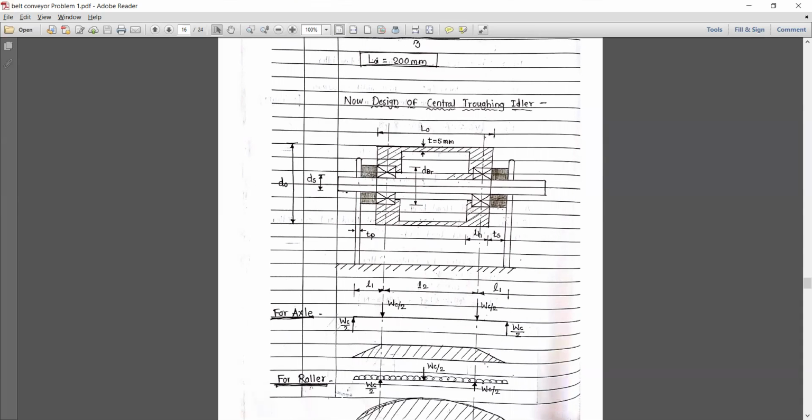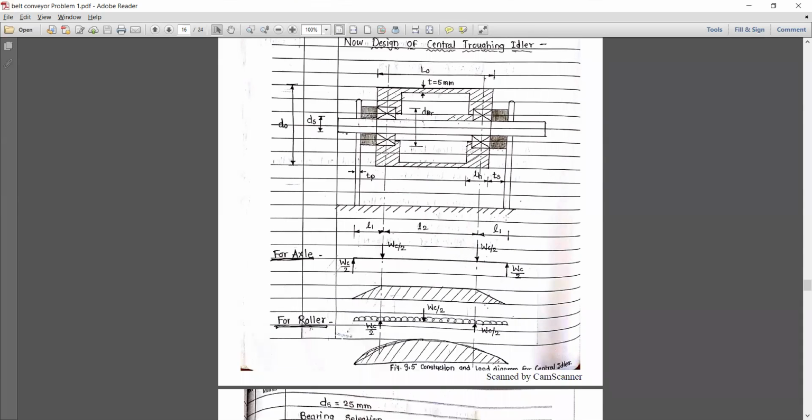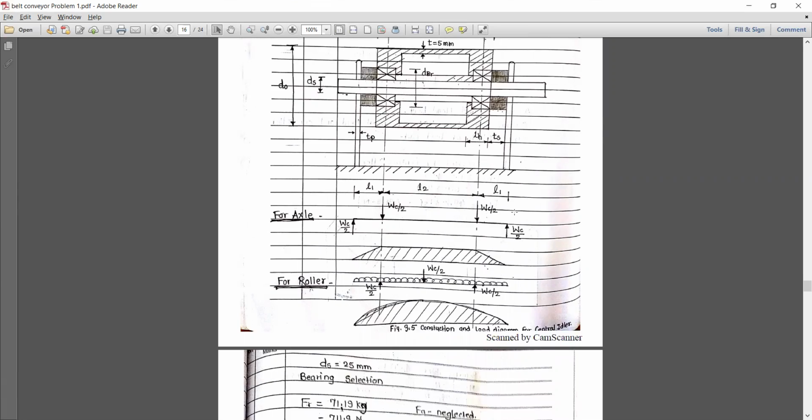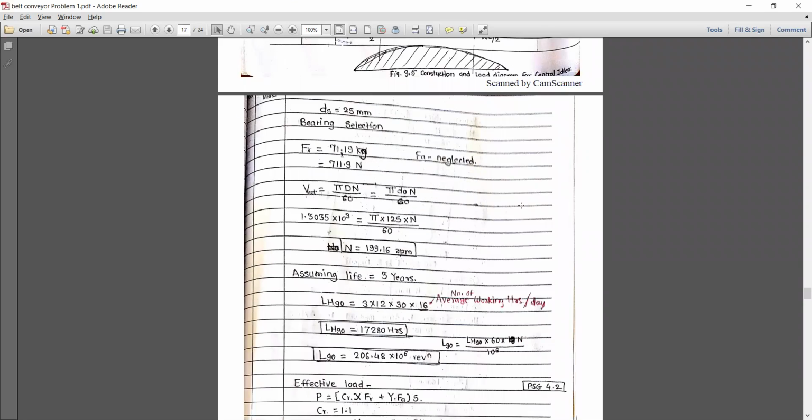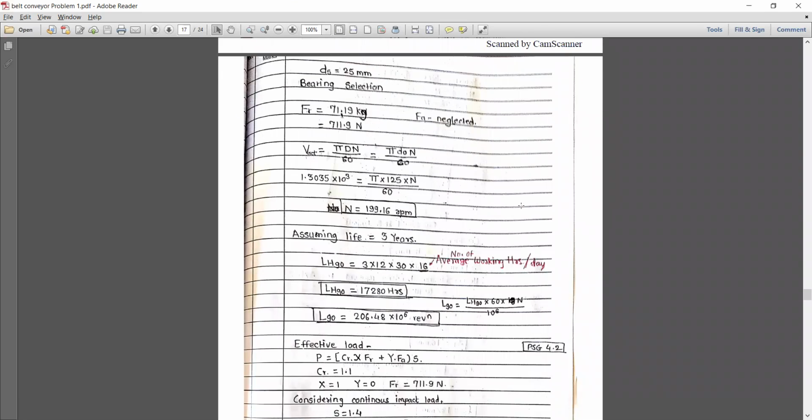Next, the design of the central troughing idler. The diagram looks similar to the pulley design. The loads, shear force, and bending moment diagram are as shown in figure number 3.5, where the axle load and roller load distribution are shown.